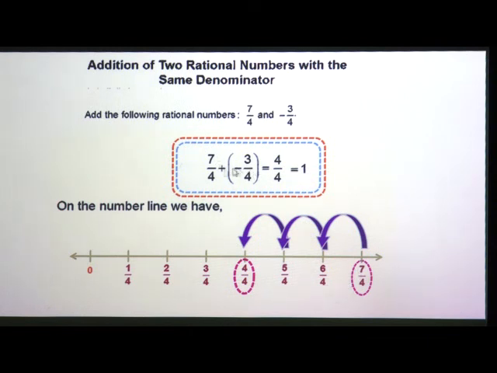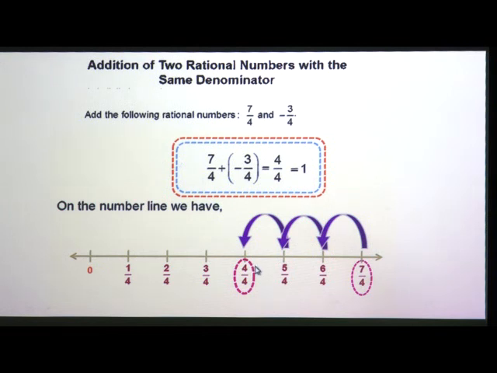We are doing here, when it is minus 3 upon 4, what we had done? We had put both the rational numbers in the simplest form. So, plus into minus is minus, this is an operation where we move 3 upon 4. So, from 7 upon 4, we hit 6 upon 4, 5 upon 4 and 4 upon 4.